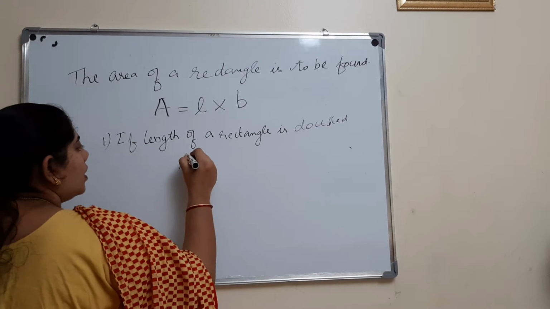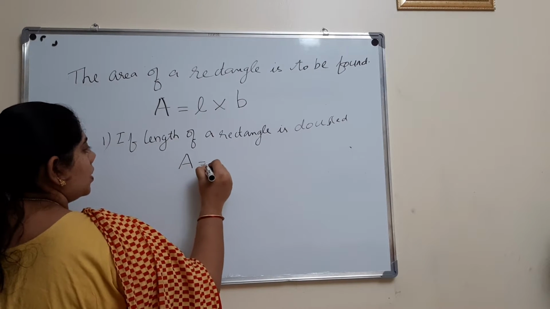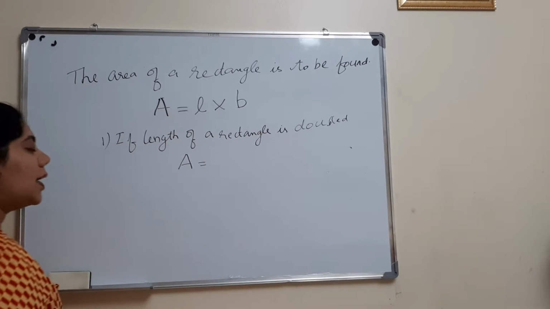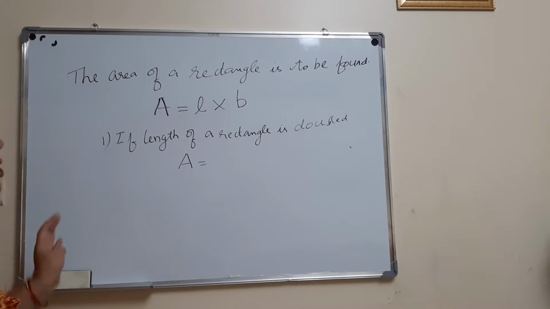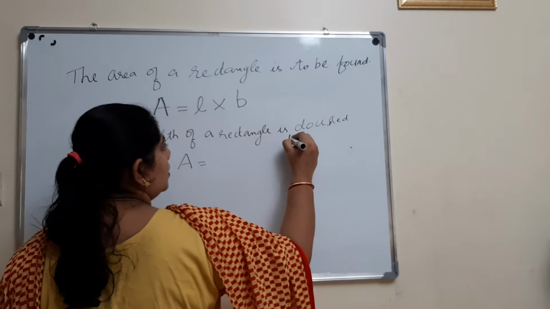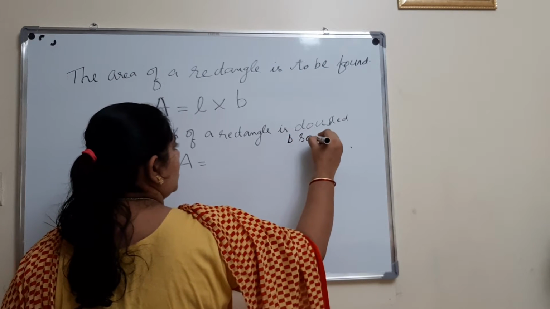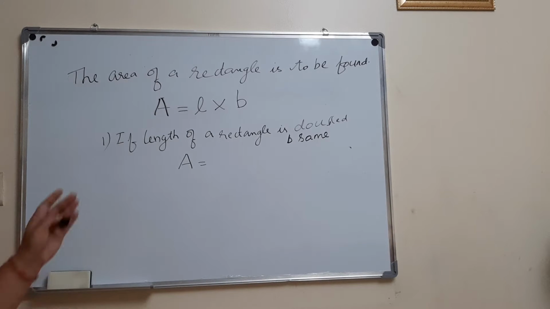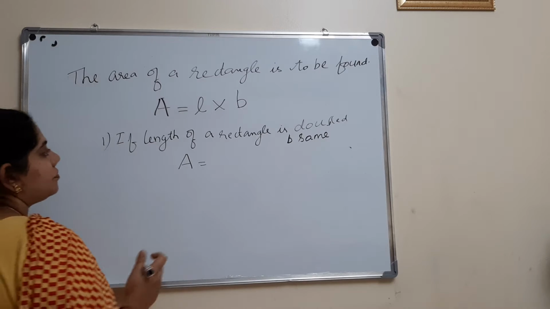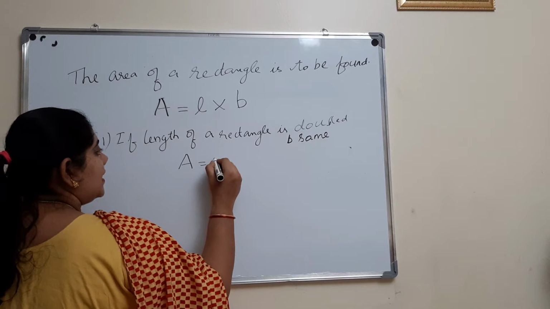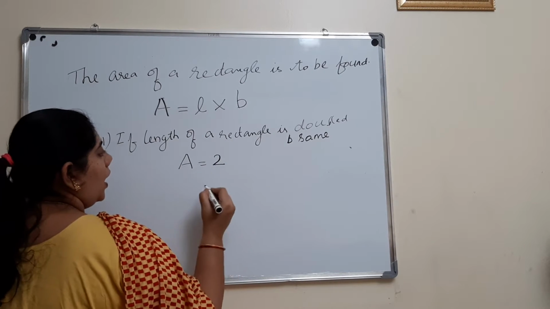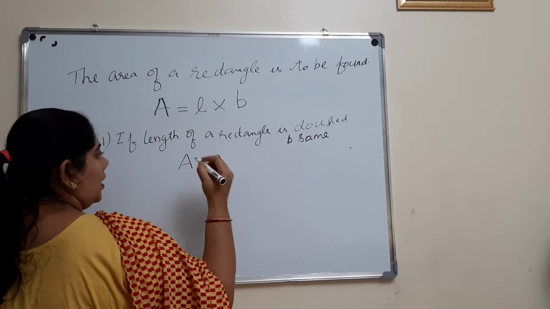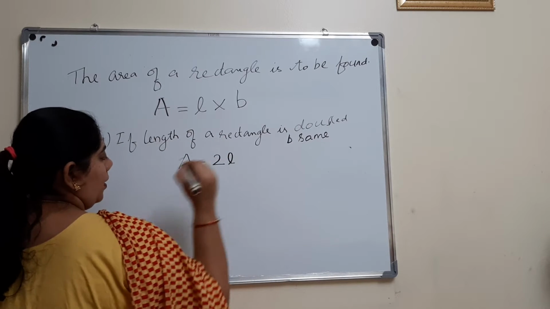So area is equal to, so here I am not talking about the breadth, that is the breadth remains same. So the breadth is the same, length is doubled. So what will happen to our area? Let's see. So when it is doubled means L plus L, that is 2L.